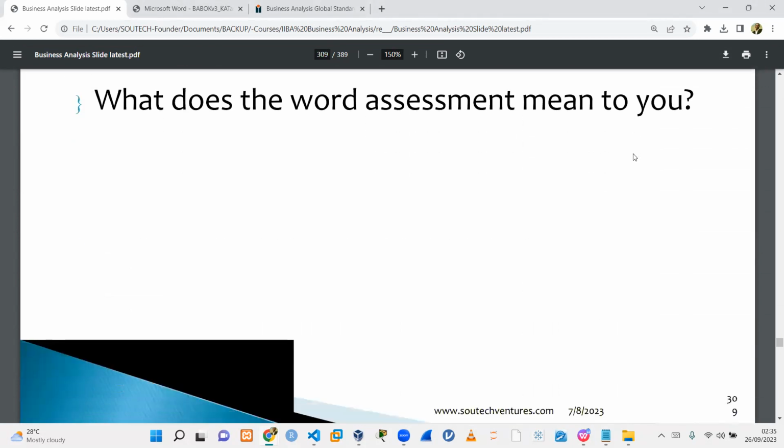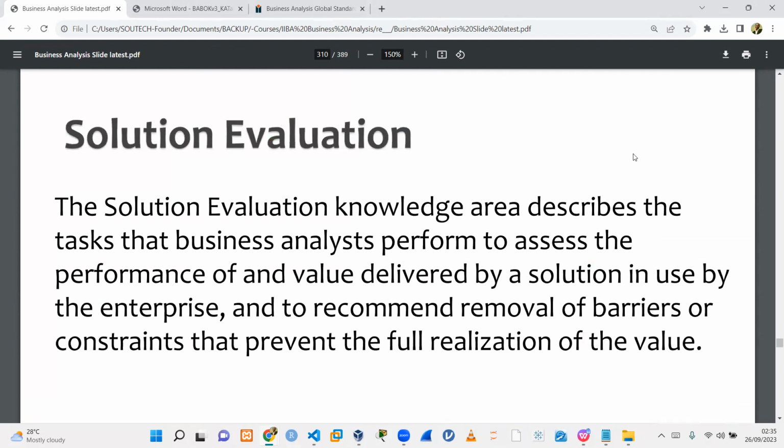Now, assessment. What does assessment mean to you? So we want to assess, we want to evaluate. Now, the solution evaluation knowledge area describes the tasks that business analysts perform to assess the performance of and value delivered by a solution in use by the enterprise, and to recommend removal of barriers or constraints that prevent the full realization of the value.